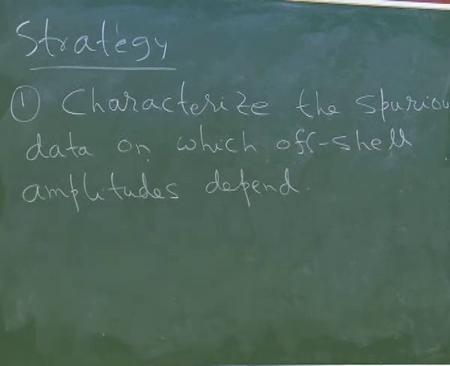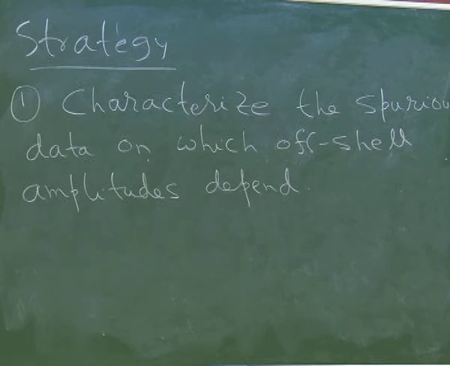So, these will be the analogs of the Z1, Z2, Z3 that I described. I looked at the 3-point function of the tachyon and we saw that it depends on the spurious data. There is Z1, Z2, Z3, but what is the general characterization of the spurious data for a general n-point function on the genus g Riemann surface?